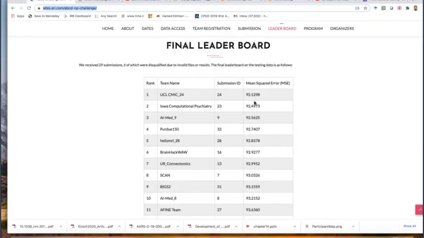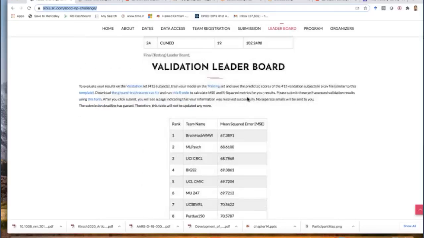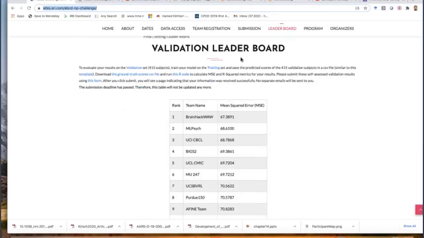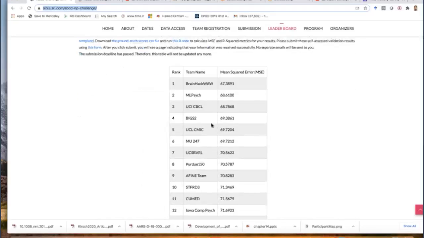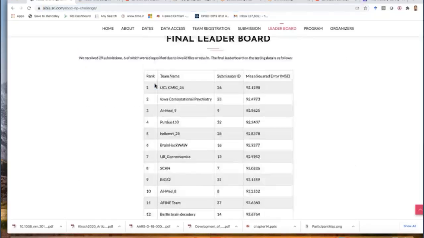You can see that the first few groups have reported really close mean square errors. And then there's a validation, as you can see here. This is the validation phase that they use an unseen database. As you can see here, the unseen database was 415.